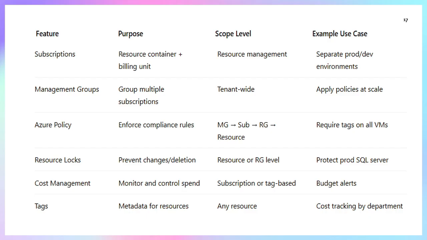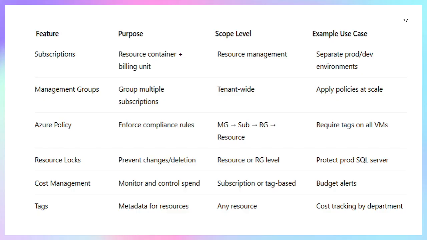Now coming to all these things: subscription, management group, Azure Policy, resource lock, cost management, and tags. Subscription is the resource container and billing unit, and its scope is resource management, for example separate prod and dev environments.